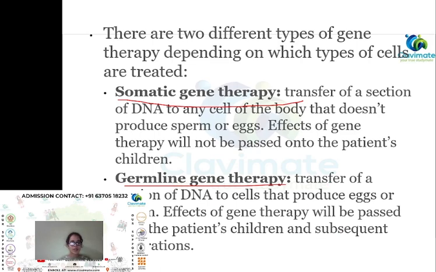Effects of gene therapy will be passed on to the patient's children subsequently. Whereas in germline therapy, we transfer the section of DNA to those cells that produce eggs and sperm, so that the effect of gene therapy passes on through generations.